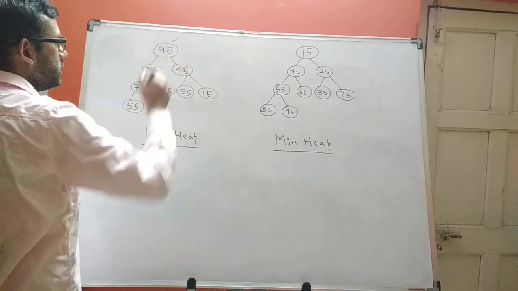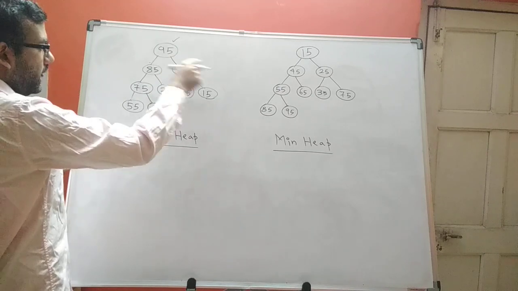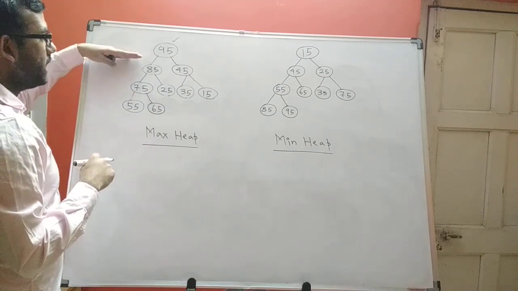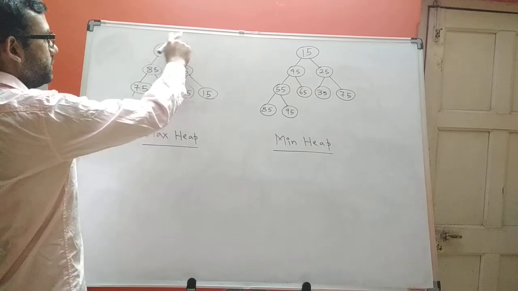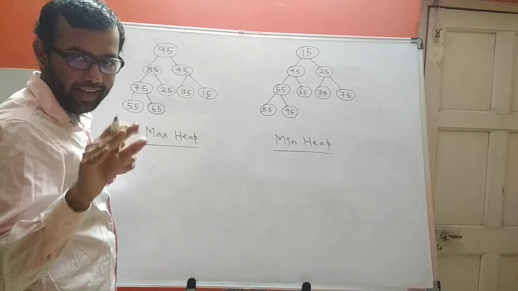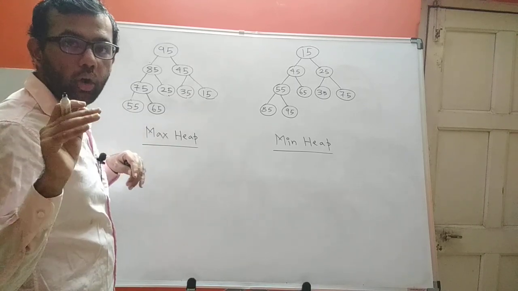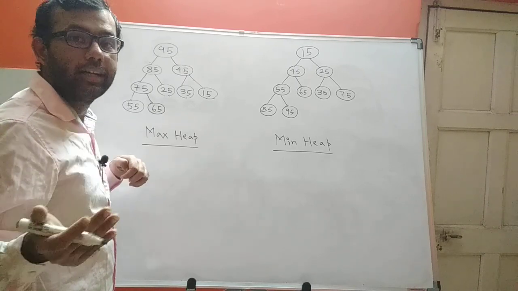I start with the root node. If you observe, the root node contains the maximum value. So all nodes present below the root node are lesser than the root node. That's what a max heap says: you take any node n in your heap tree H, and you will find that all nodes below it, that means all its descendants, are lesser than it.